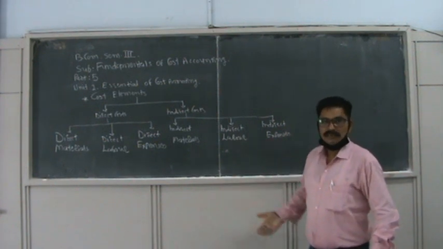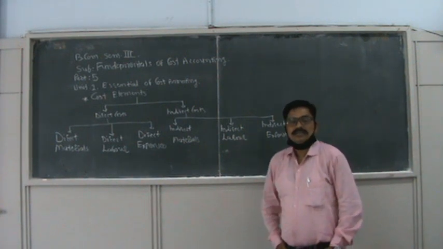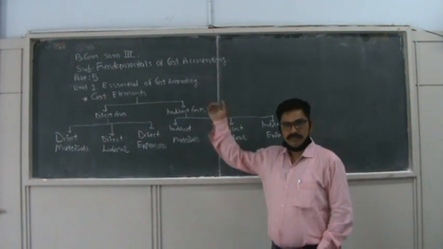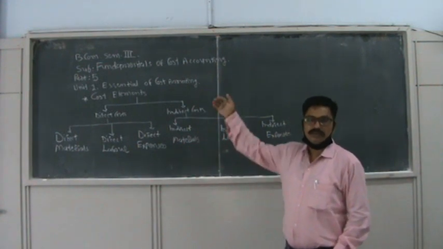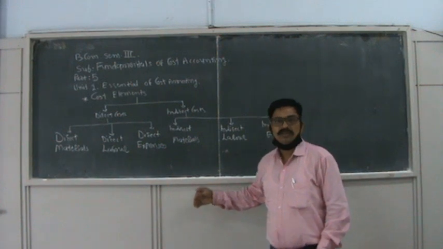In the last unit of this subject, when we prepare the cost sheet, we will prepare it in a particular sequence and write down the various expenses of the manufacturing unit in that sequence.